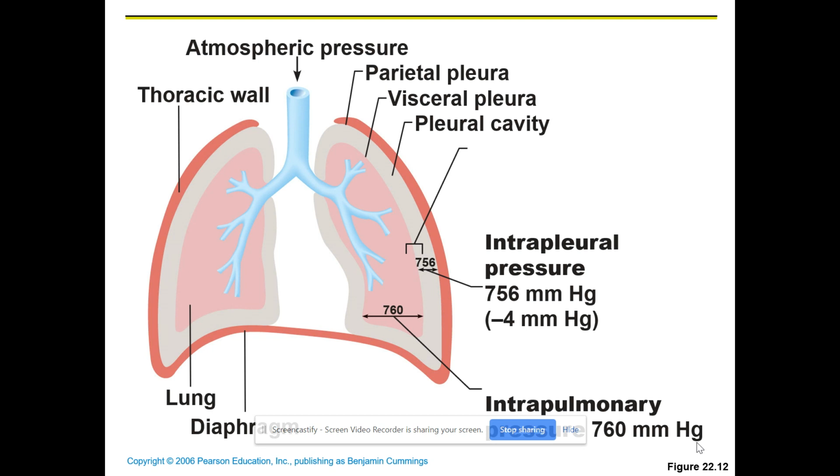It's also a cavity where we typically adjust the pressure, and typically we adjust it to be about 4 millimeters of mercury less than atmospheric pressure. So if you are at sea level, remember atmospheric pressure is 760, over time you will adjust intrapleural pressure to be about 4 less than that, or 756. If you change your location, over time you'll change the intrapleural pressure.